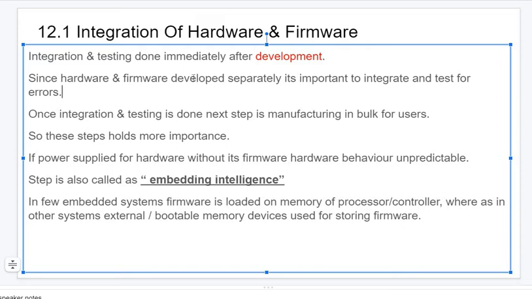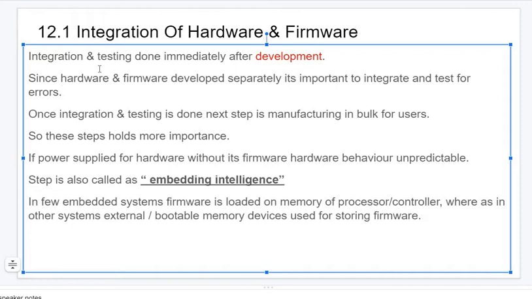Since we are developing hardware and firmware separately, it is important to collaborate them with each other. If the collaboration is a success, we can say the hardware got its knowledge and the knowledge is controlling the hardware. But if collaboration is not there, the hardware will behave according to its own wish and the firmware will behave according to its own wish.